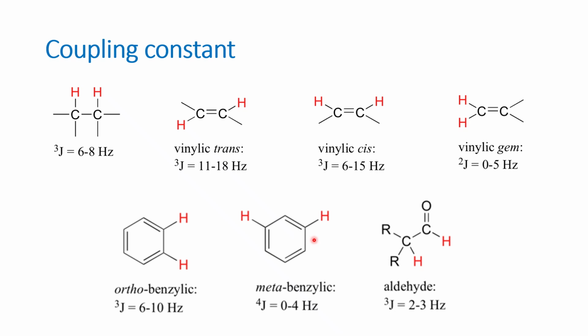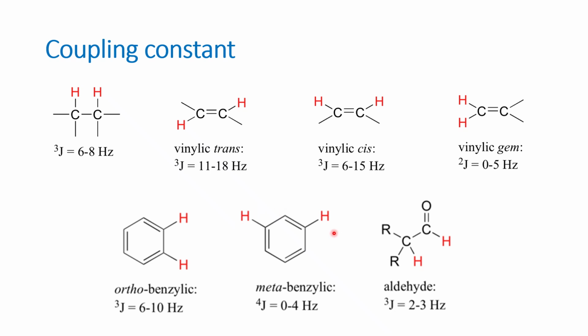Similarly, aromatic protons can be called ortho protons or meta protons. Of course, para protons are there, but their interaction will be very minimal or zero. So when there are two protons next to each other, they have an interaction. Obviously, we know they are non-equivalent, and their J value is between 6 and 10.